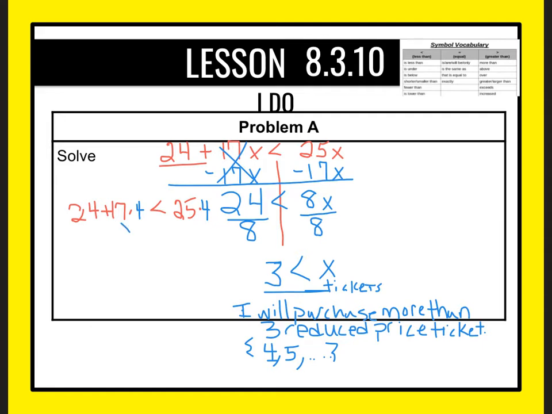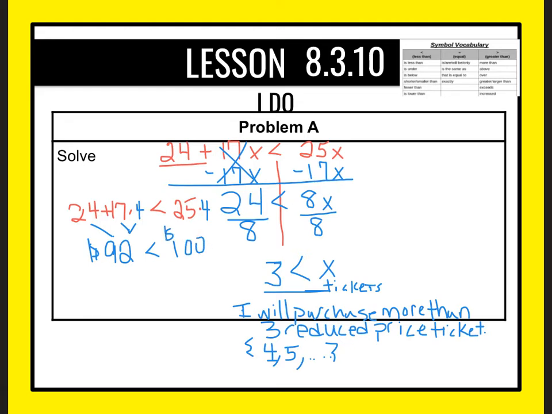So if I multiply 17 times 4 using my decimal calculator and I add the 24 to it, that gives me $92 with the reduced price. And that's less expensive than $100.